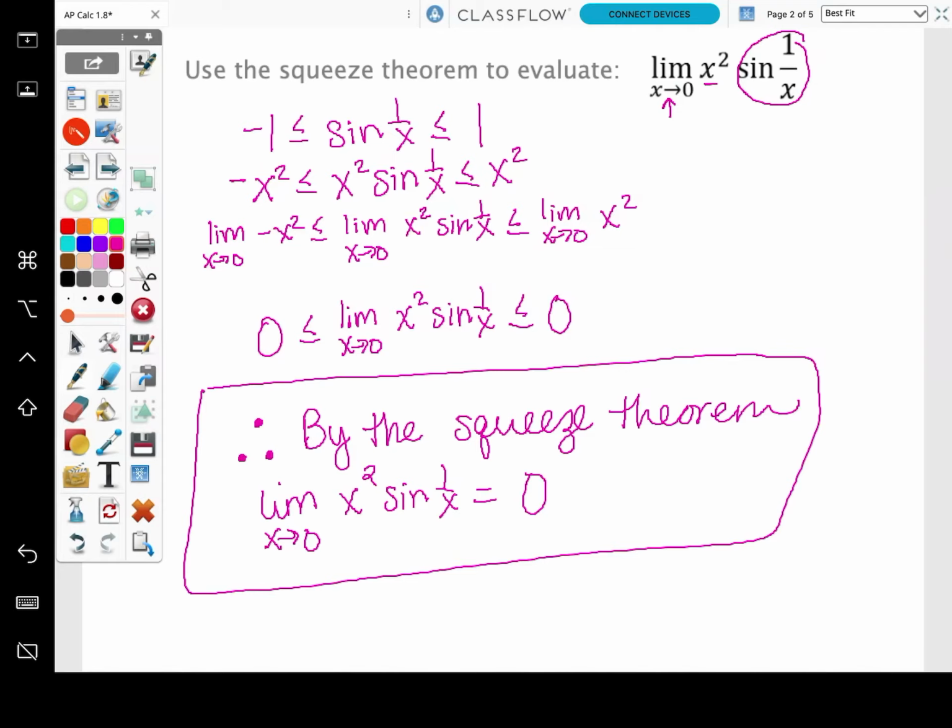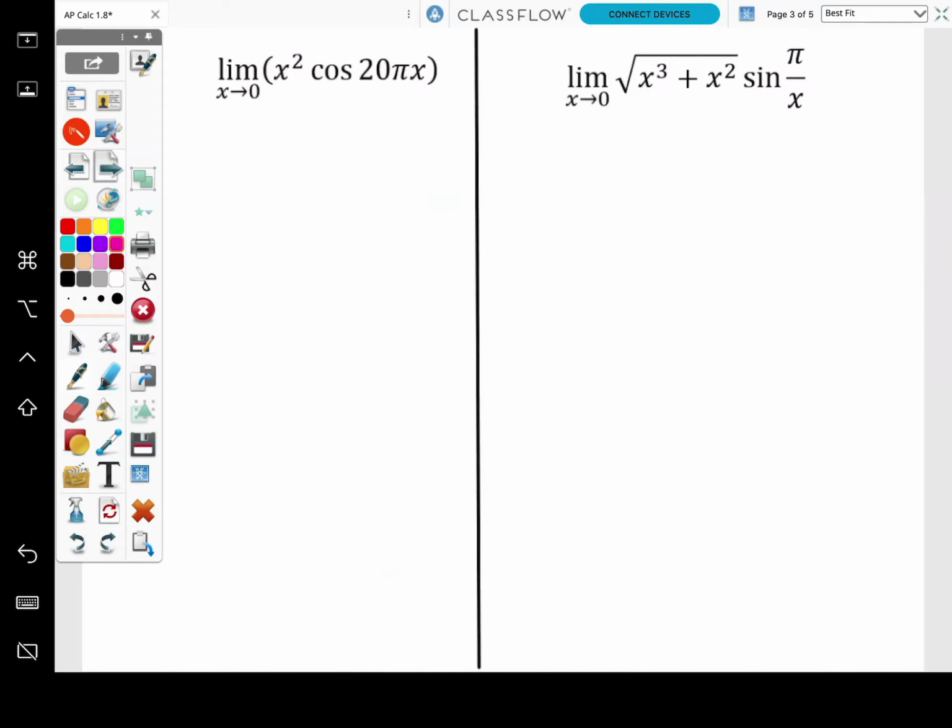Okay, and yes, you have to write therefore by the squeeze theorem because it's kind of sort of a proof in some aspects. You have to convince everybody that this is actually the way you do things. So therefore by the squeeze theorem, the limit you want as x approaches 0 is equal to whatever number you come up with. Okay, let's look at some more because practice is only going to make us better.